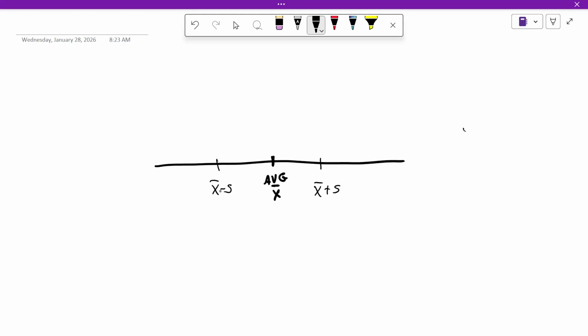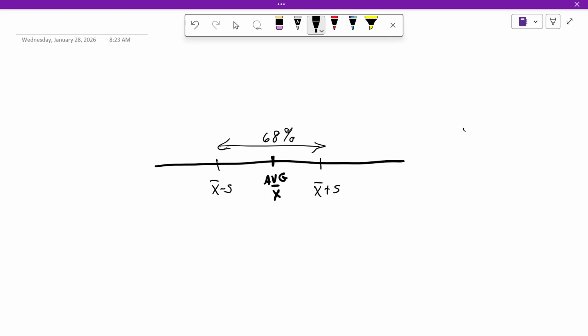This is what we do. We're betting on the average using the standard deviation. I expect 68% of population elements to be within 1 standard deviation up and 1 standard deviation down.